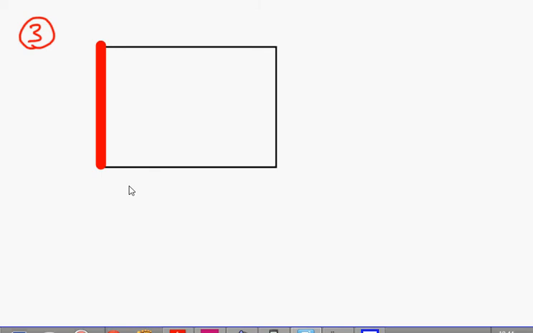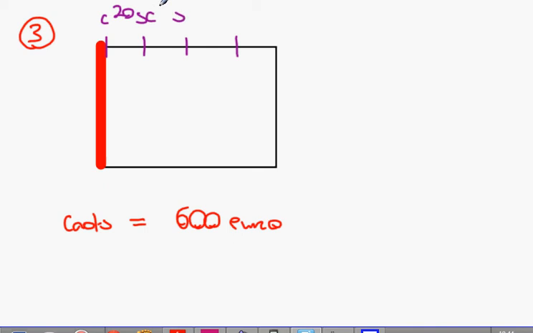The concrete wall costs, let me see, 600 euro. And then after that we want fencing. And each piece of fencing costs an extra 20 euro.